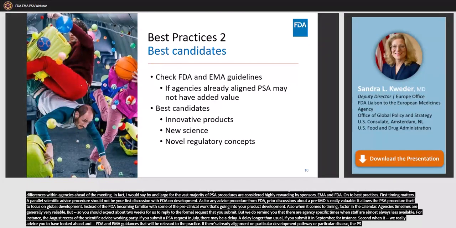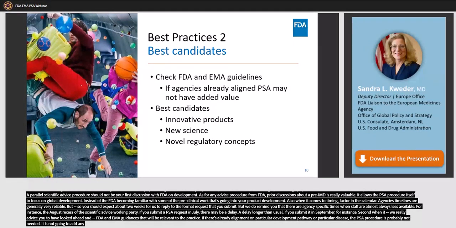It's not going to add any value to your planning. We would say that the best candidates for PSA are those for which there is not much prior guidance, and those tend to be innovative products, those bringing to the table new science or novel regulatory concepts.